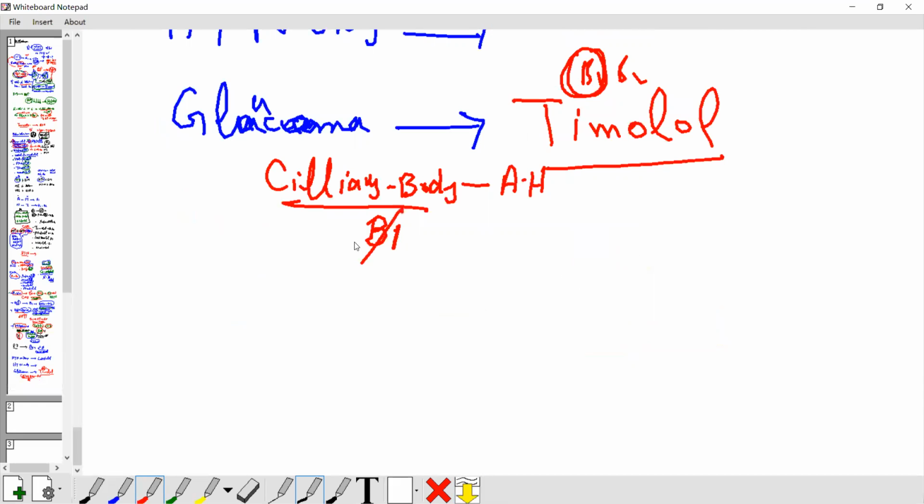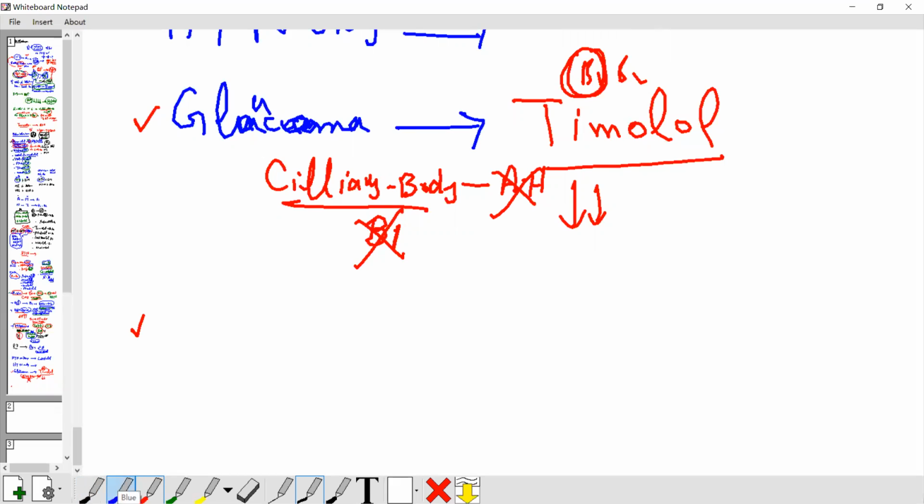If you block beta 1, the aqueous humor decreases. So another drug for glaucoma, along with pilocarpine, is timolol. The drug used for glaucoma.